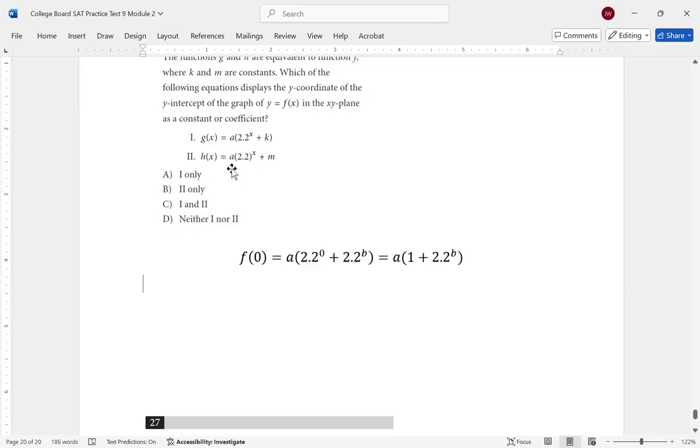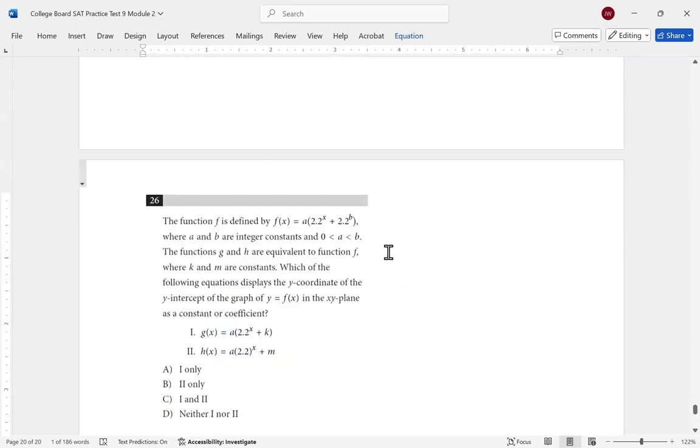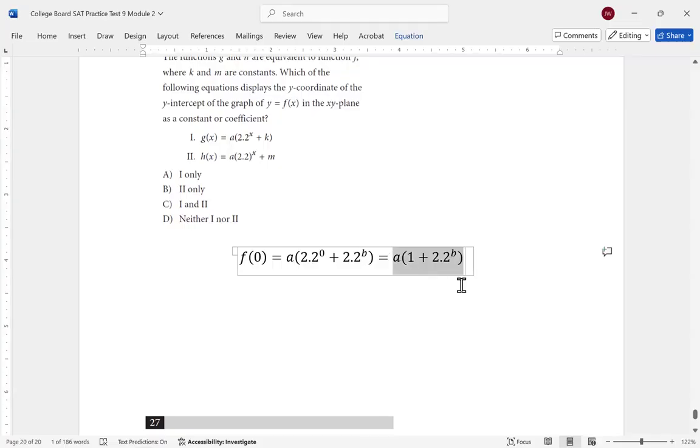Well, the coefficient in both of these cases is a. That's clearly not this number, because this number is a times something. b, remember, was greater than 0. So this isn't going to go to 0 or anything. So this is not a coefficient in either case.